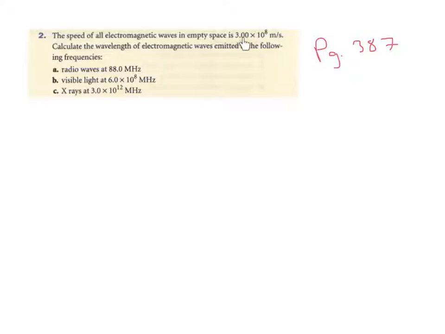So the speed of an electromagnetic wave is 3 times 10 to the 8th meters per second. Just to put this in perspective, if you could travel this fast, you could go around the equator of the Earth 7 times in 1 second. So that's very, very fast. It says calculate the wavelength of all electromagnetic waves emitted at the following frequencies.